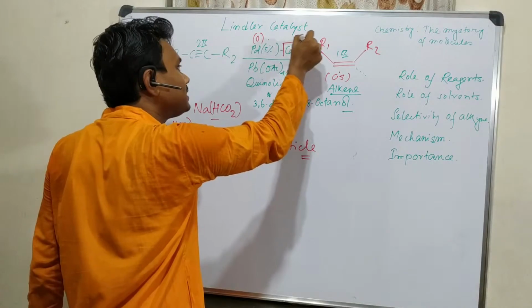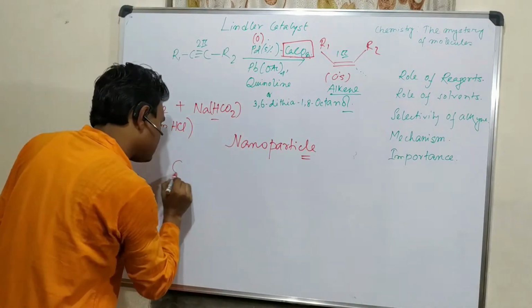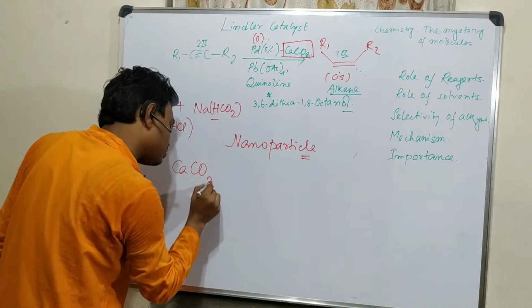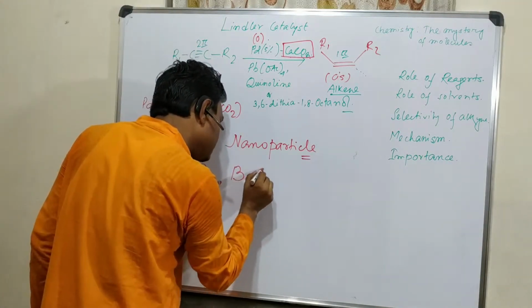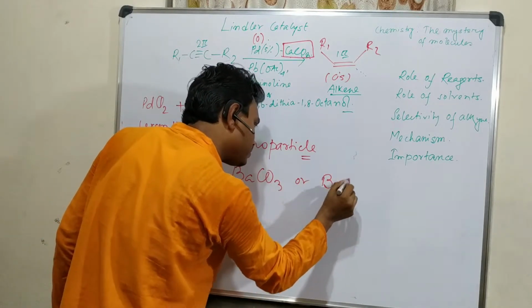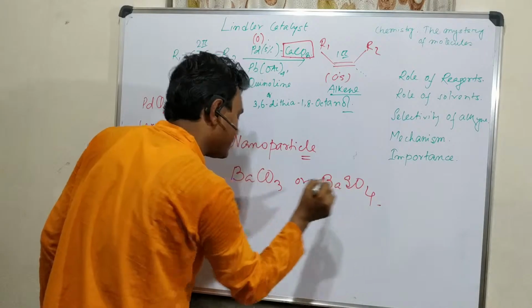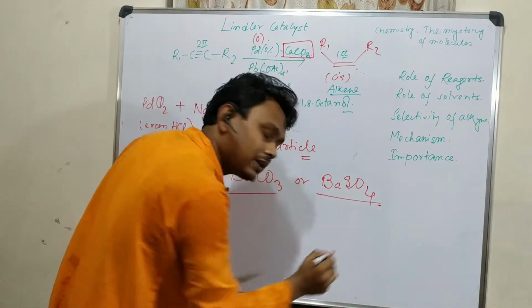Actually, this is called the catalyst bed, means calcium carbonate. This calcium carbonate could be used as a catalyst bed. Even barium carbonate could be used as catalyst bed, or barium sulfate could be used as catalyst bed.